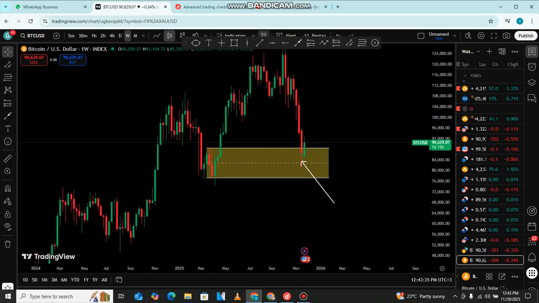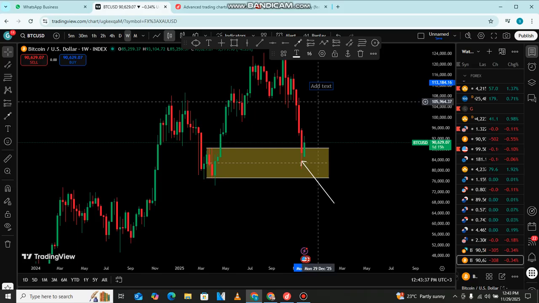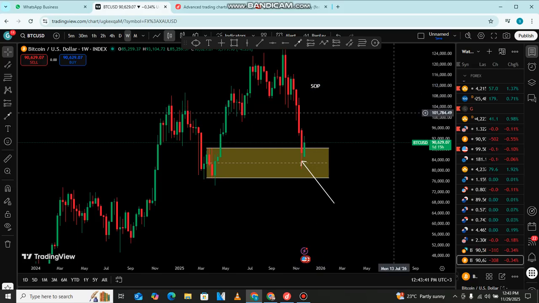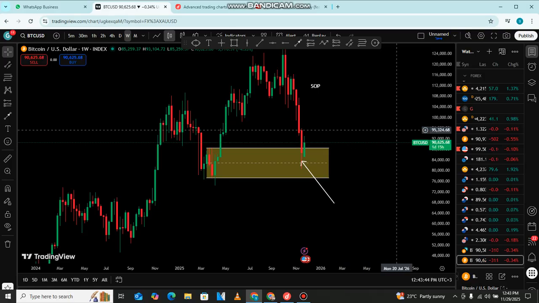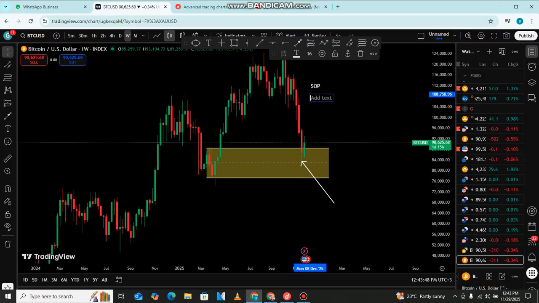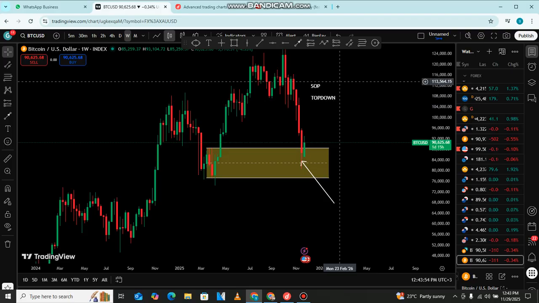So the SOP is what we use to identify the best demand areas for us to trade from, and then we incorporate it using the top-down analysis. This is the very best setup that you can ever use, which is very verifiable, and it will give you confidence.